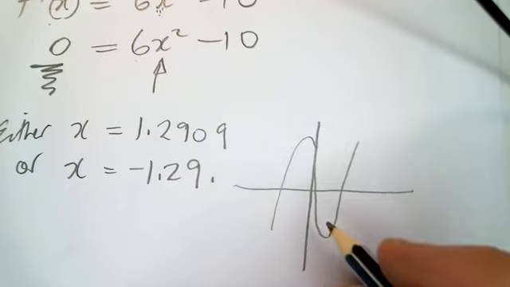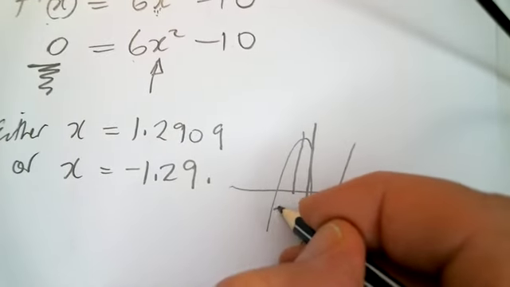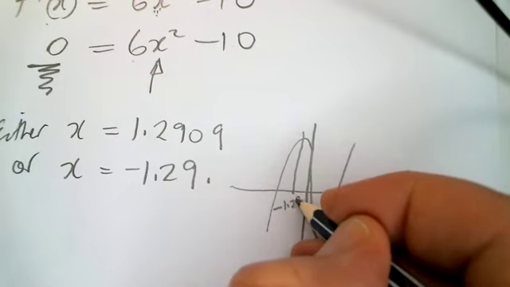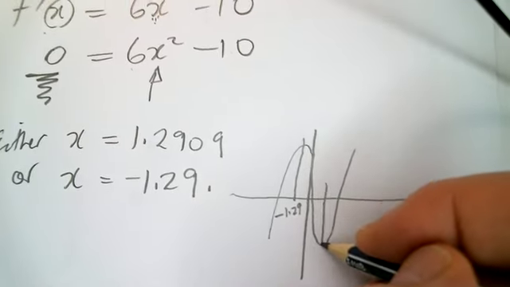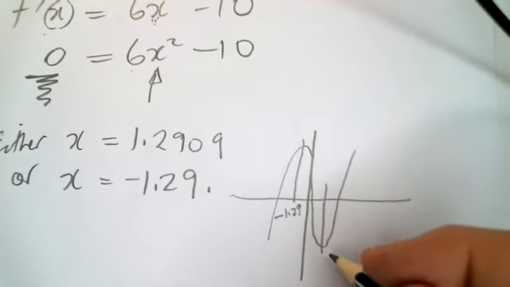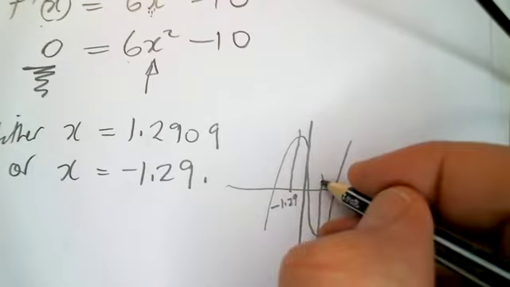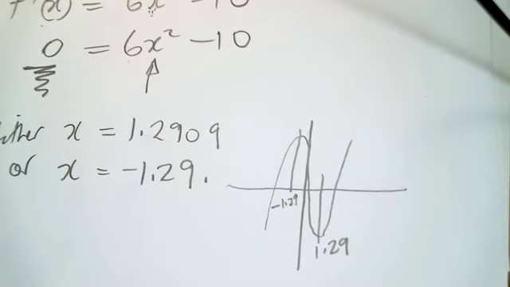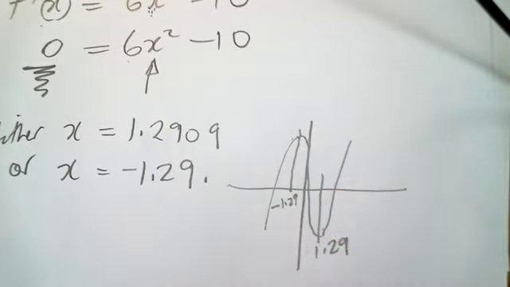One of the points is this point here, which is x equals -1.29, and this point here is going to be x equals 1.29. These are the x values. So now I have the 2 x values when the gradient is 0. We found the 2 turning points, or rather the x values of the turning points.